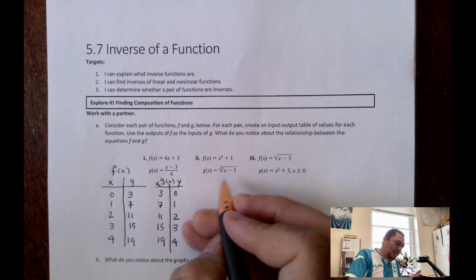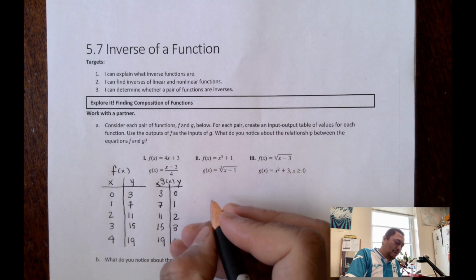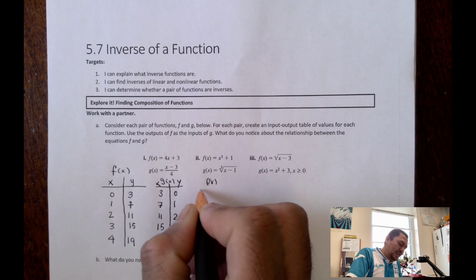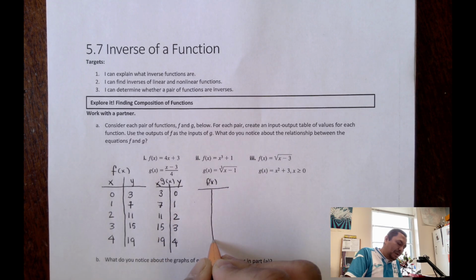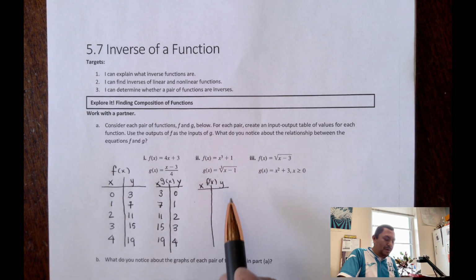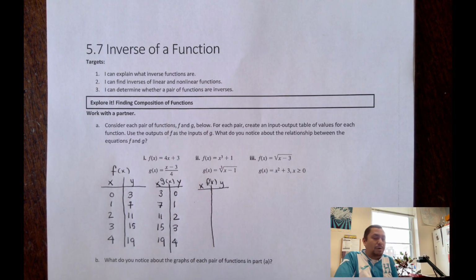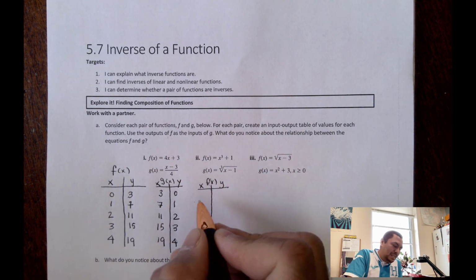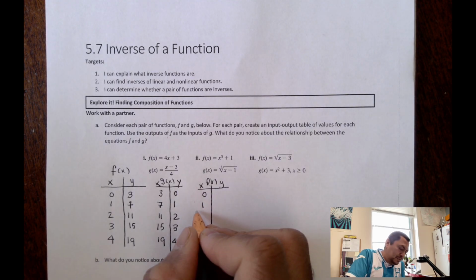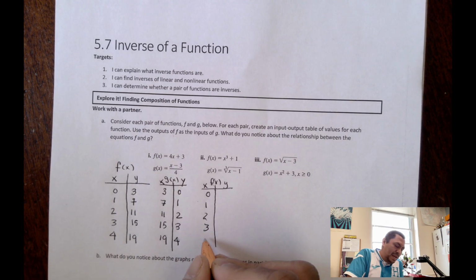Okay, now let's do the second part. I have my f of x table, and for this one I'm going to be careful with my inputs and outputs. Why? Because I don't want too big of numbers for this example. I'm going to start again with the easiest number of all, 0. Then I'm going to have 1, 2, 3, and 4.